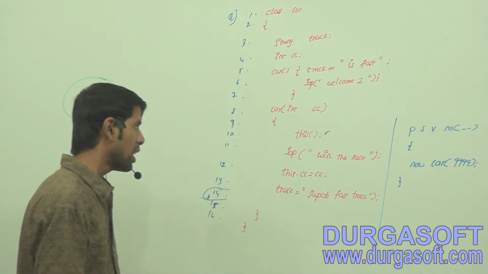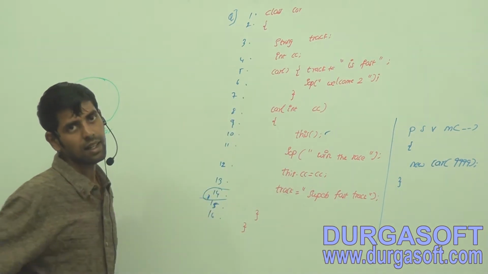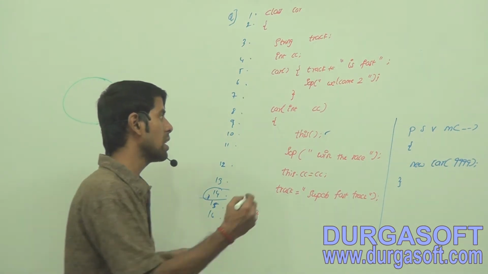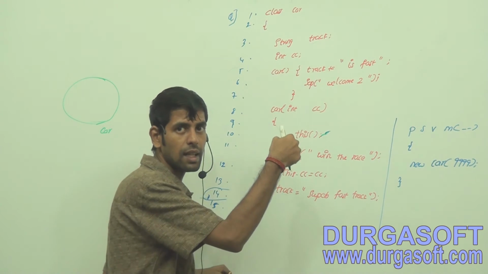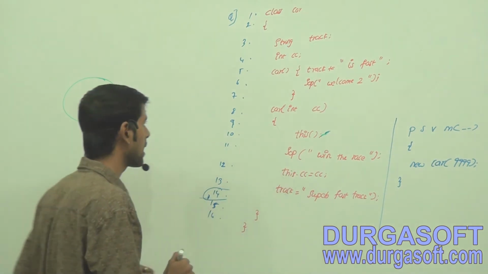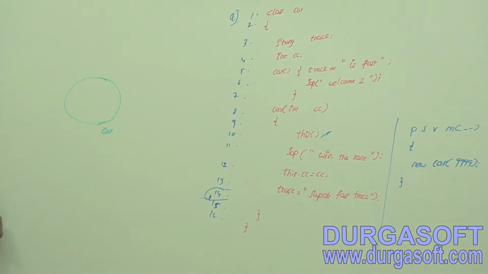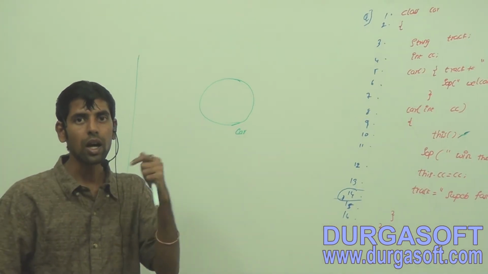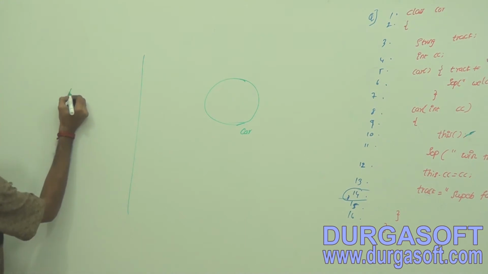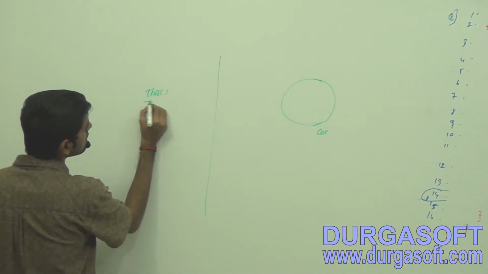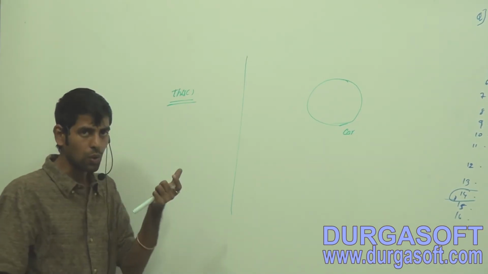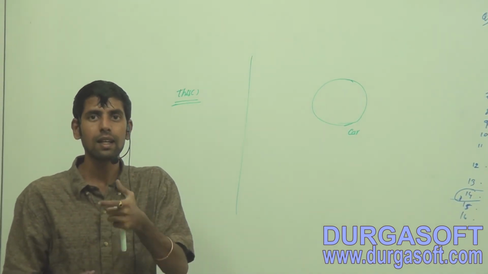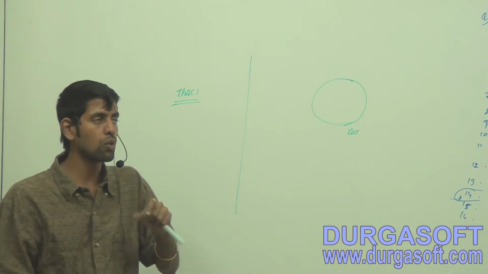Very important. Within a constructor, you can call another constructor by using this. If it is a current class constructor, observe here, if you want to call another constructor within some other constructor, you have to use this.